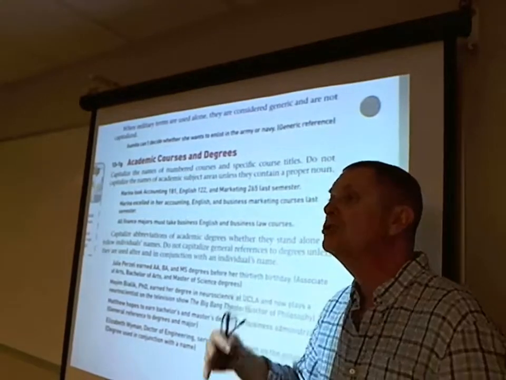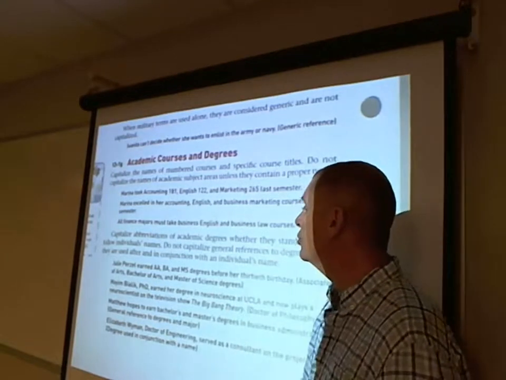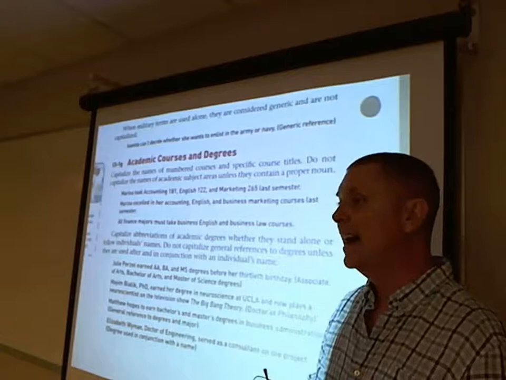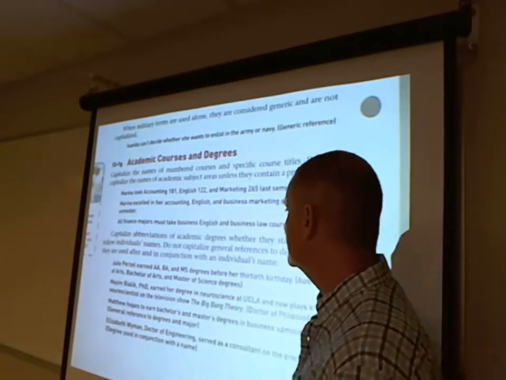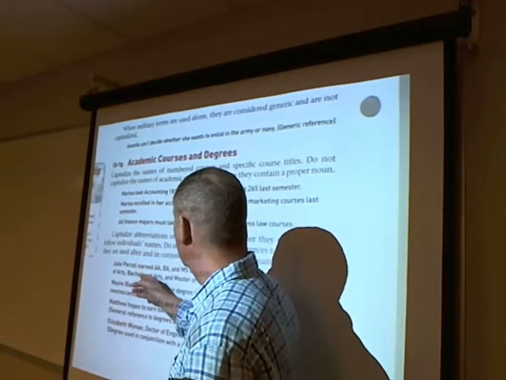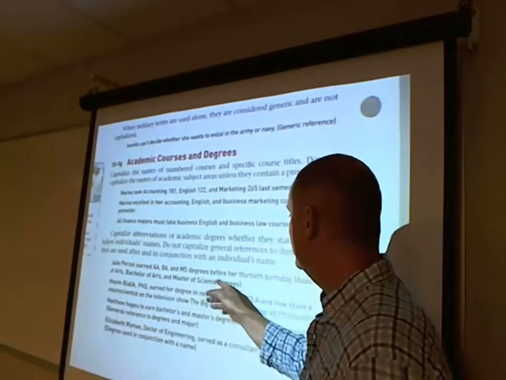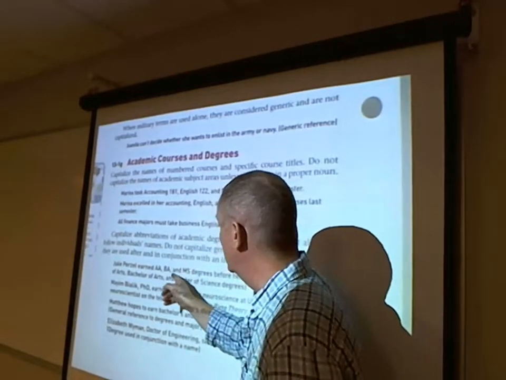Okay, as far as academic degrees, they're generally not capitalized unless they're used as a title. Abbreviations, of course, are always capitalized. So Julie Purcell earned an AA, a BA, and an MS degree before her 30th birthday. So no periods to separate them. They do have commas to set them off for 3 items in sequence.